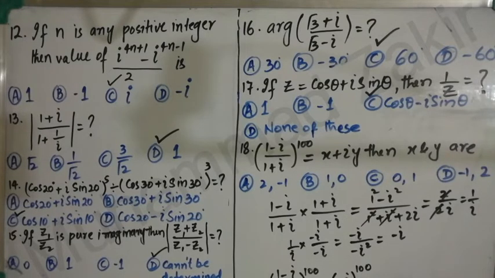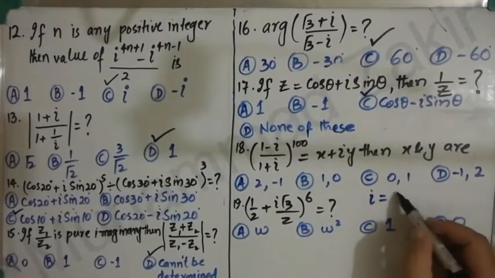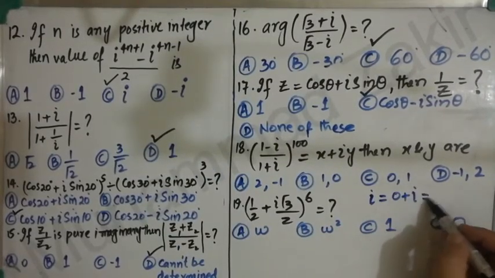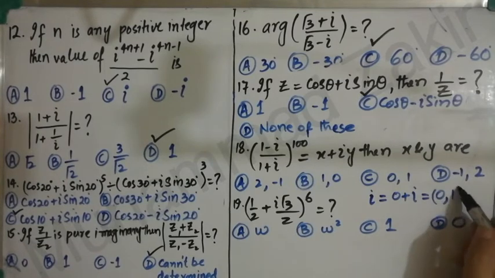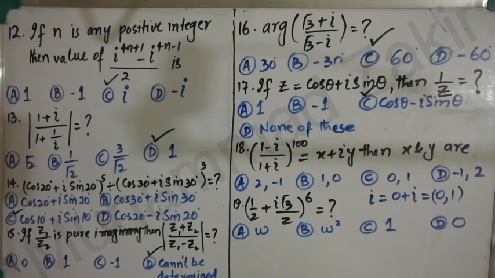One thing we know is that it becomes positive base, i^100, and this is completely divisible by 4. That is why the answer is 1. Students, as you know, i can be written as 0 + i. Further it can be written in ordered pair form (0, 1). So you can see x and y. The value of x and y in this case is C. So C is the correct answer.